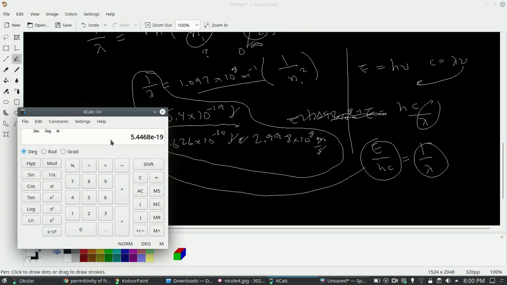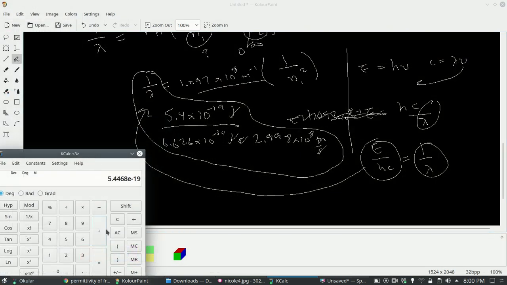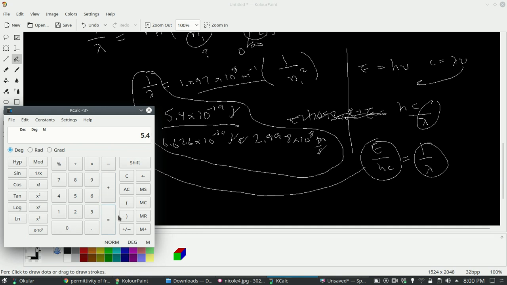So that's 5.4 times 10 to the minus 19, divided by 6.626 times 10 to the minus 34, divided by 2.998 times 10 to the 8, and I get 2.7 million, so 2.7 times 10 to the 6th.